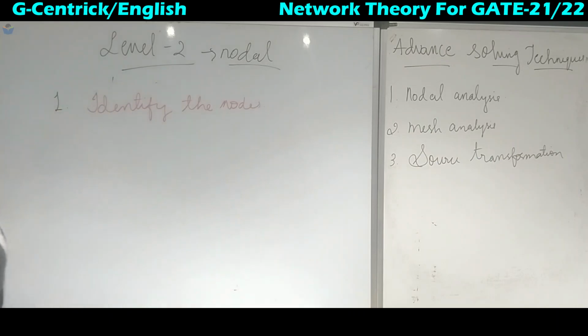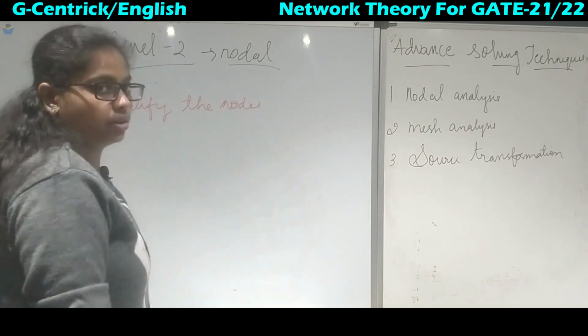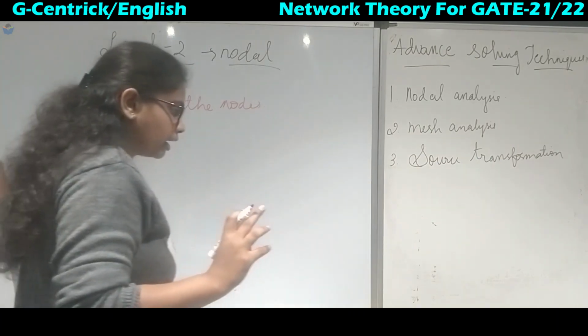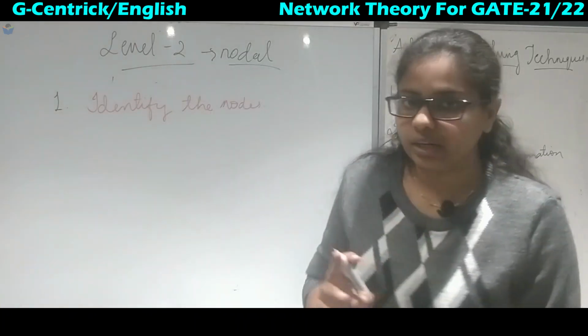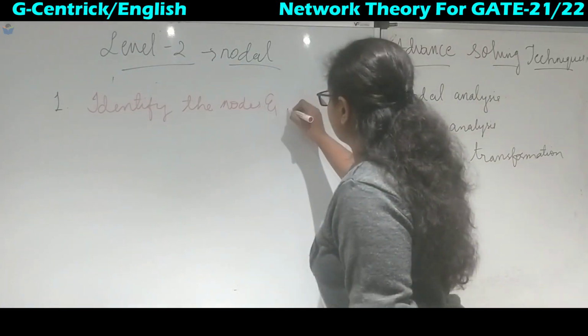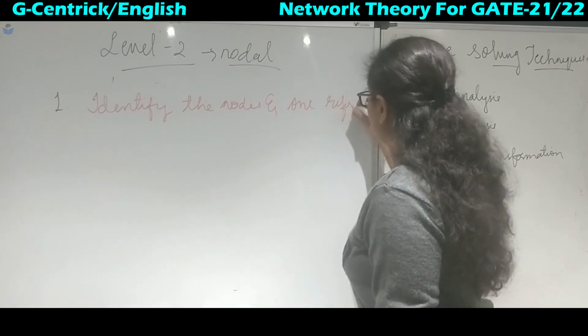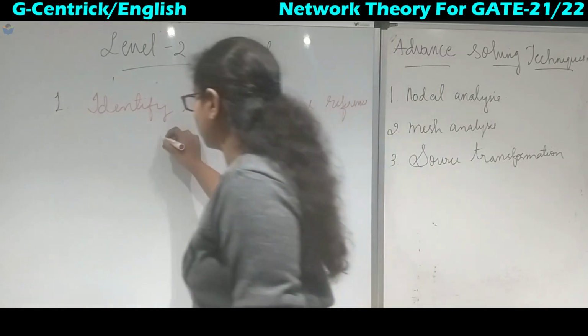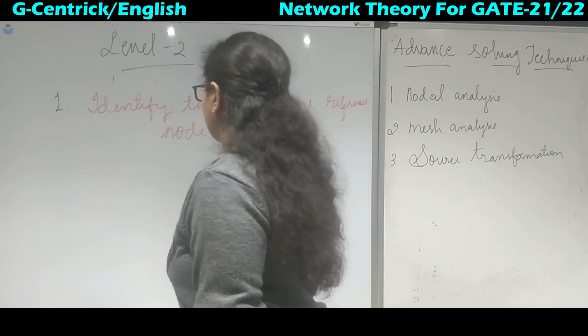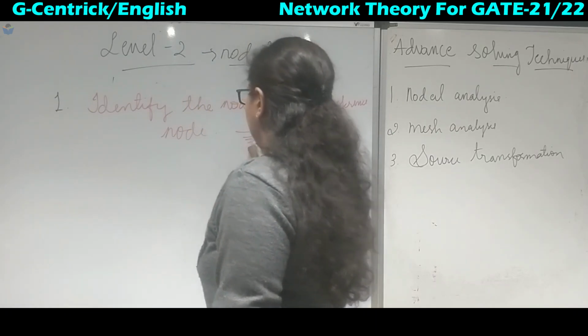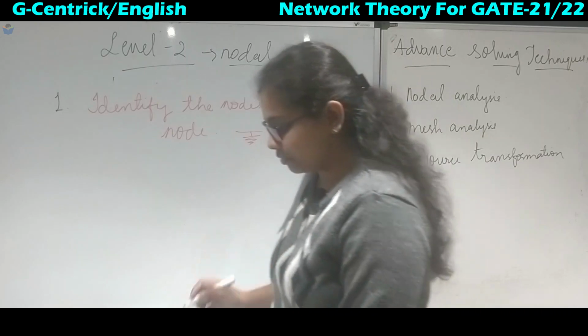We have to name the nodes as V1 or 1, 2, 3, and we have to select one reference node. This reference node will be nothing but 0. We will take it as grounded. Okay, so that is the reference node.